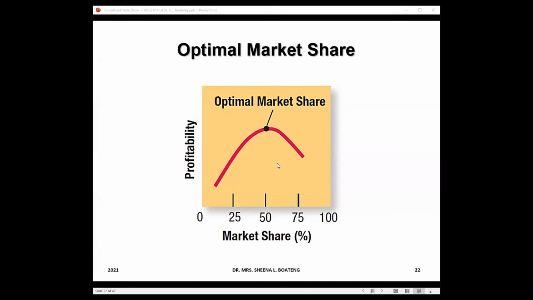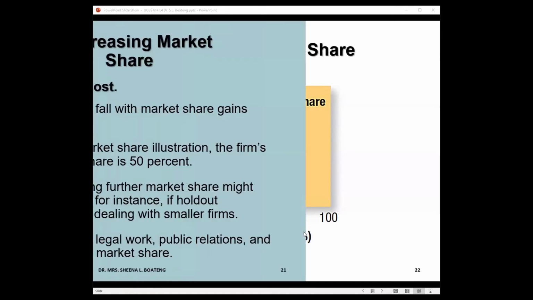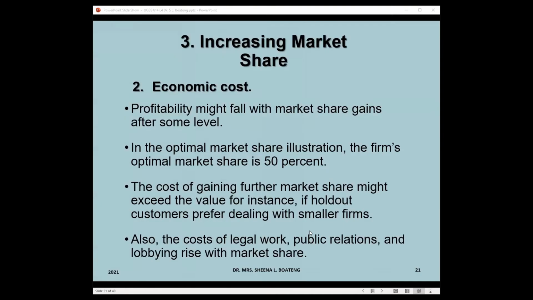Based on the curve, we can see that market share increases with profitability up to a point. And then profitability begins to drop as market share expands beyond a certain level. This is basically what we are talking about when we say the cost of gaining further market share will begin to exceed the value that the firm is getting.